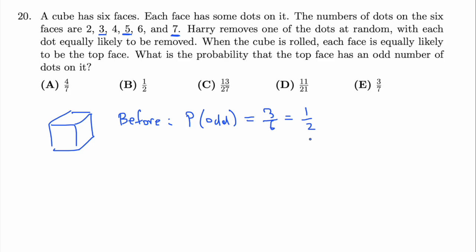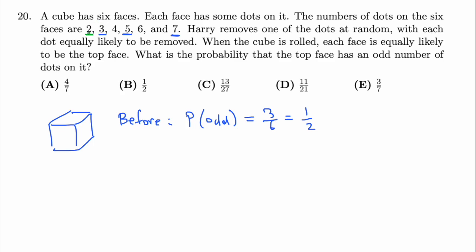So now when we remove one of the dots at random, it changes things. After removal, if we remove a dot from the 2, then the 2 becomes a 1, which is odd.